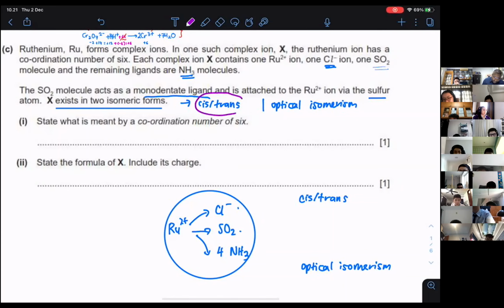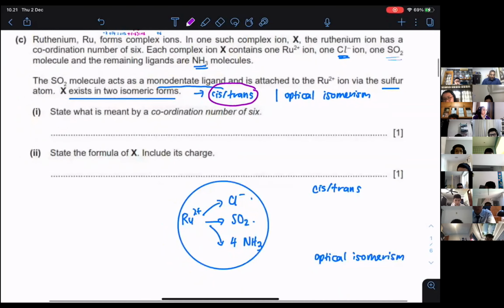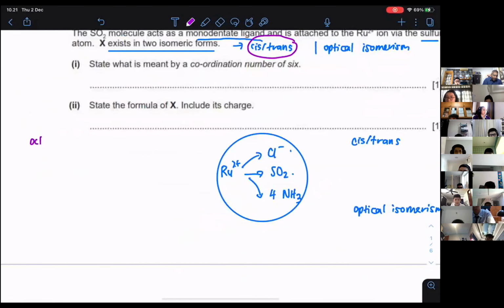Now coming back to why. Do remember I told you, whenever you have octahedral complexes, and then you also have the square planar complexes, and under square planar in your textbook there is cis and trans.